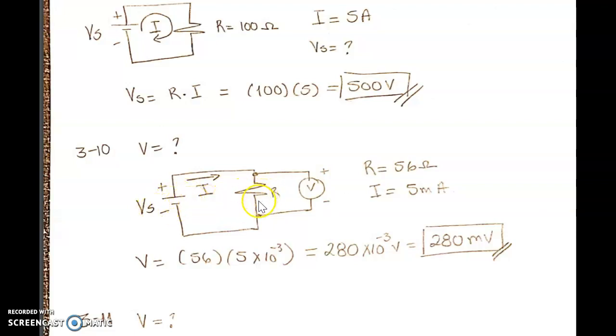So we can use this fact, and remember, this is showing how we will place the voltmeter across the resistor for us to find out the voltage drop across this resistor. So voltage is resistance times current, so we just multiply that and we find out that it is 280 millivolts for us to have this current.